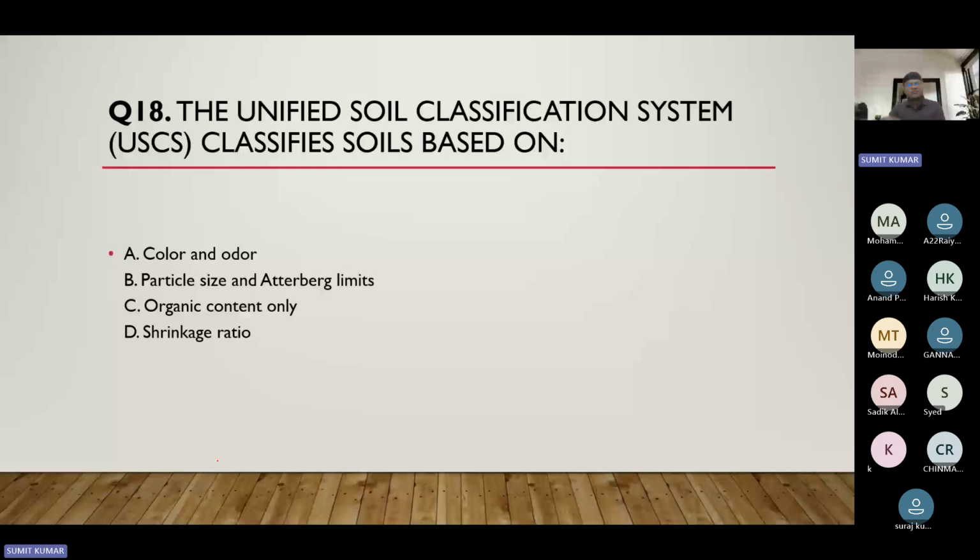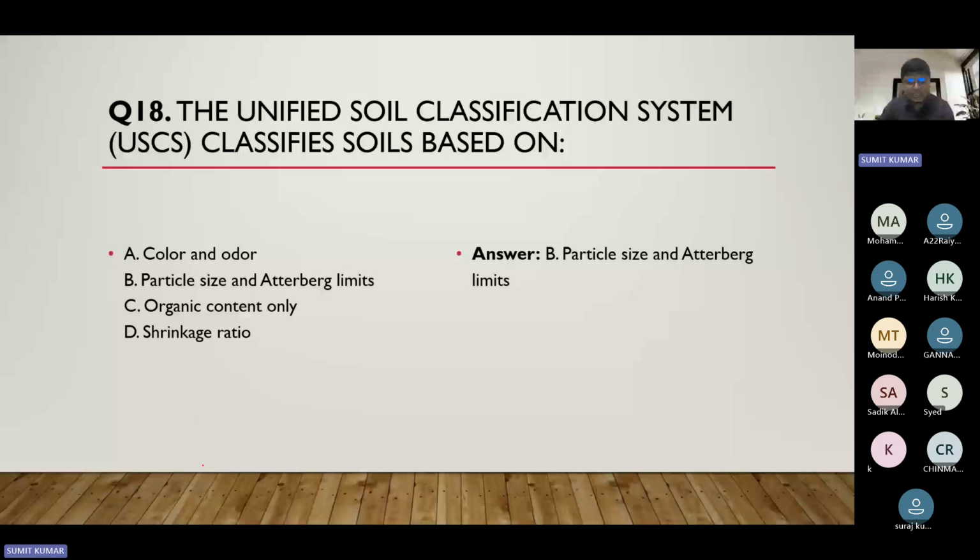On the basis of that we calculate D60, D30 and D10. Apart from that, from the Atterberg limits we find liquid limit, plastic limit and shrinkage limit, so we are able to find the plasticity index. On the basis of that we are able to use the A-line formula, that is 0.73 into (WL minus 20). If it lies above, we can classify clay, below silt, and many more things which we have already discussed. So option number B is the correct answer.